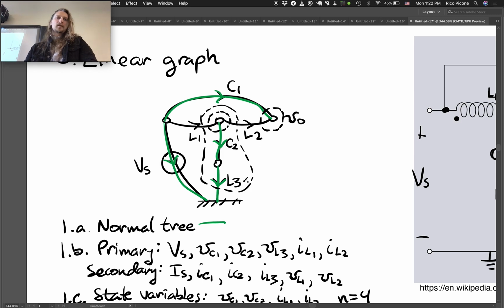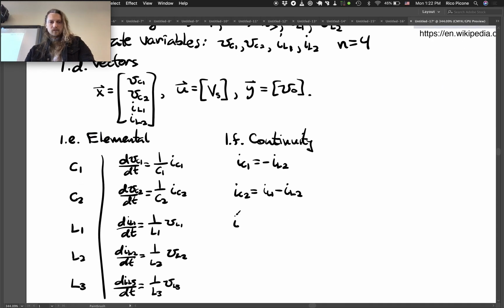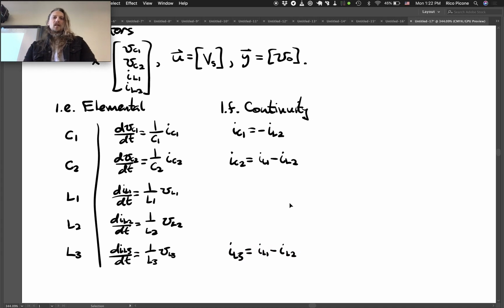That contour is essentially the same as the other one, except we have IL3 equals IL1 minus IL2. Oh, but we don't want to write that one there. Let's write it down by the L3 equation, because that's where we're going to plug it in. Let's keep that straight.